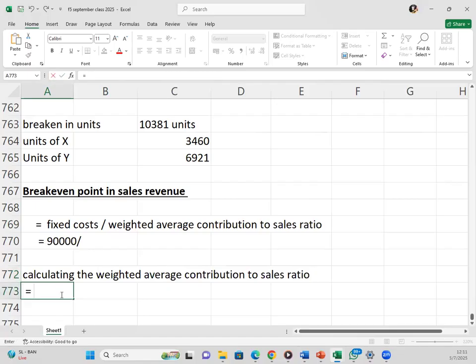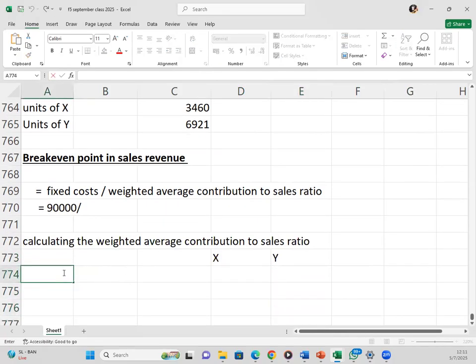If you are calculating the weighted average contribution to sales ratio, the first step is similar to what we did. We need X and Y, these are our units.